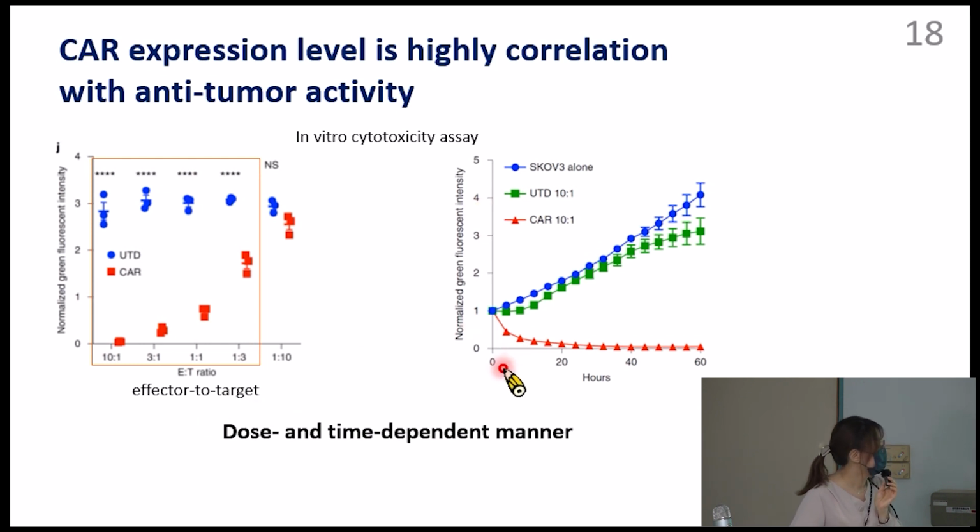And they ran this co-culture experiment for 60 hours, and you can see that as the time points increase, the CAR macrophage phagocytosis ability is still very good. So they demonstrate the CAR macrophage function is dose and time dependent.